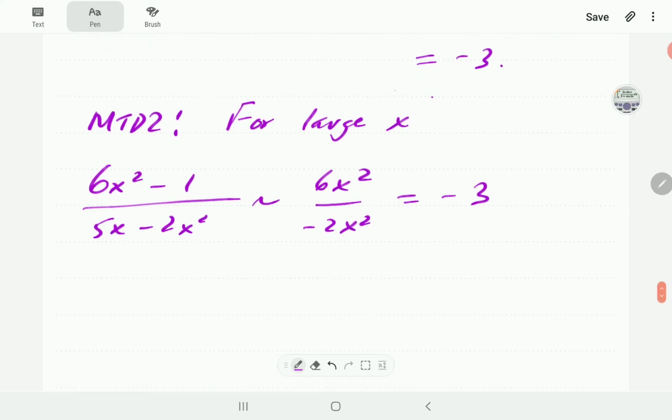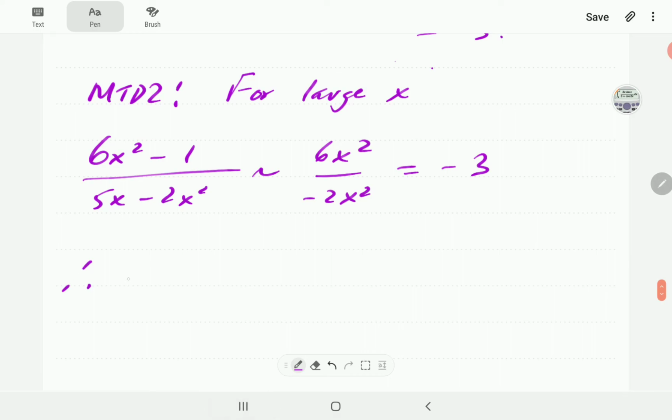And so what this implies is that as x goes to infinity, 6x squared minus 1 over 5x minus 2x squared goes to negative 3.